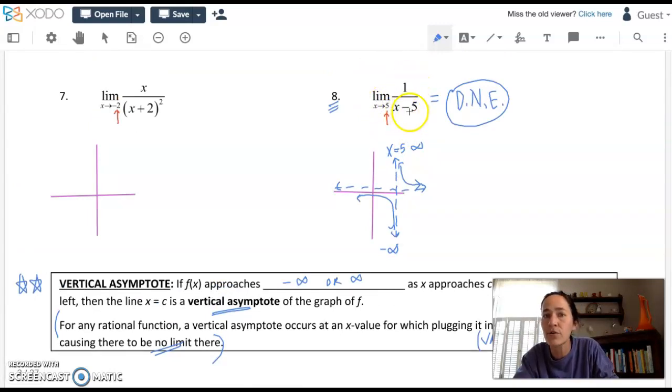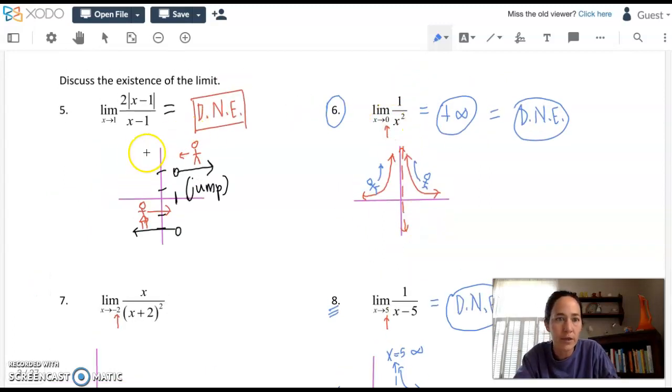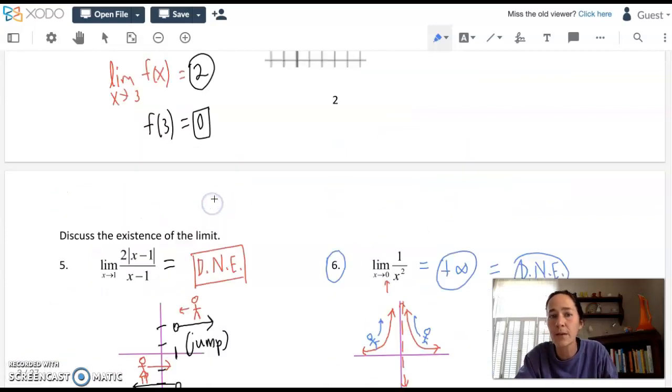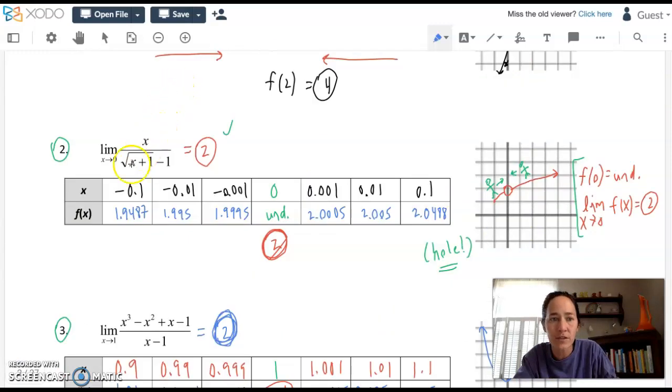I get a non-zero number over 0. The limit does not exist. Same thing here. If I had done number 7, we skipped this one, but negative 2 over 0 would mean the limit does not exist. DNE is going to be a good solution for 7. Versus a couple examples from the last page. If I had plugged a 0 into number 2, I would get 0 over 0.